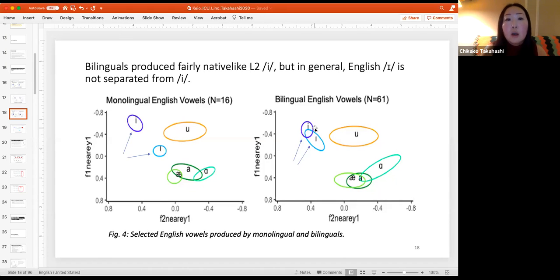So I was not really focused on duration data, but I was more focused on whether they can use the formant cues in production.